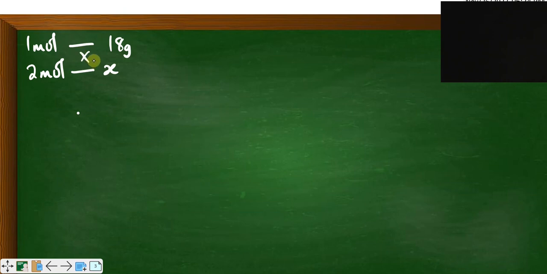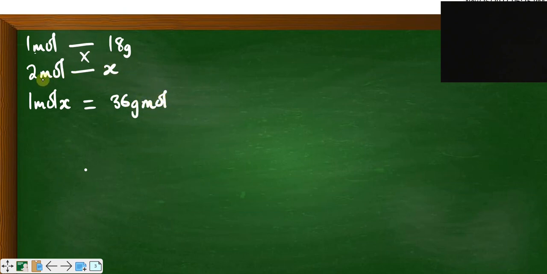Then we cross multiply, so you say 1 mole times x, you are going to have 1 x. Then you say equals, then you multiply 2 moles times 18 grams, you are going to have 36 grams.